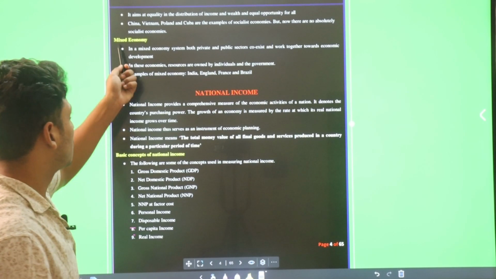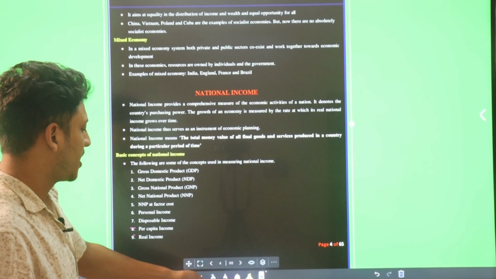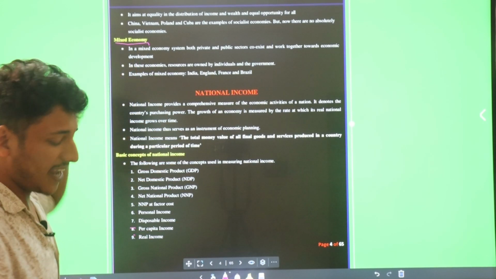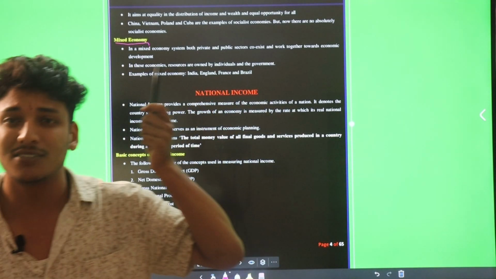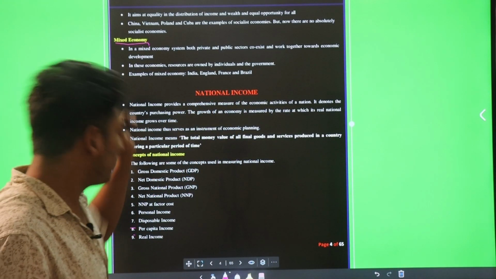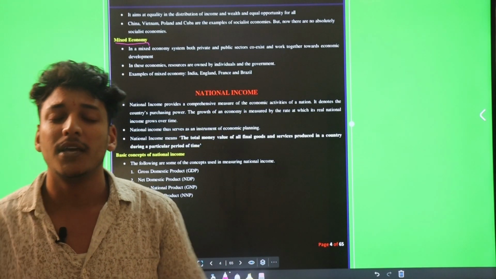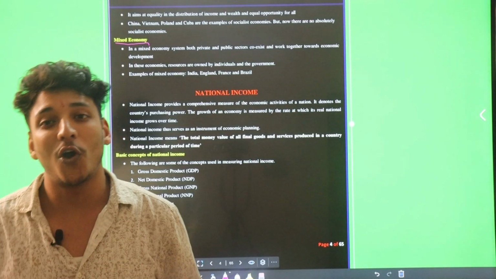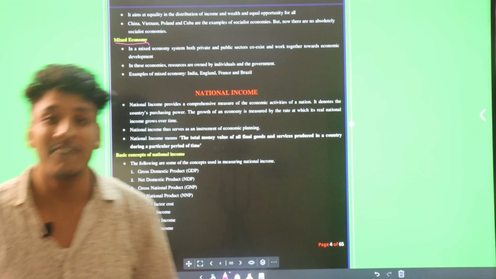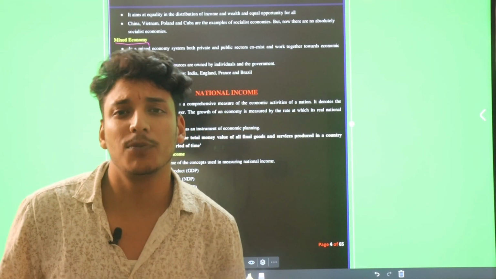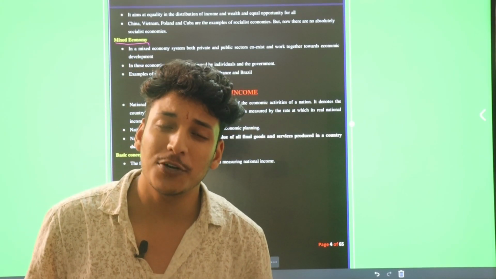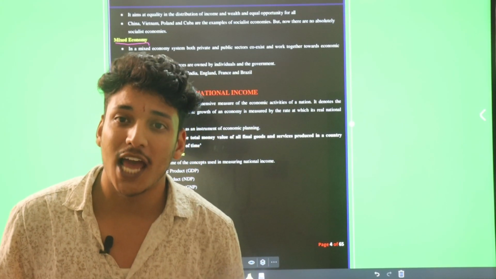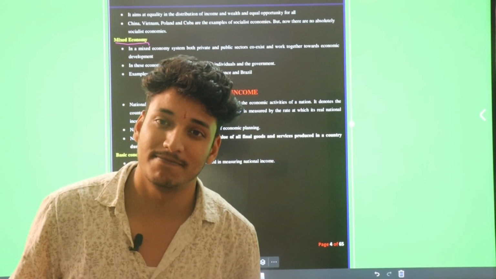Now we will talk about mixed economy. You can see mixed economy in India, France, Germany, and many countries. Mixed economy basically means where individuals and government work together, the private sector and government sector working together and making profit together.